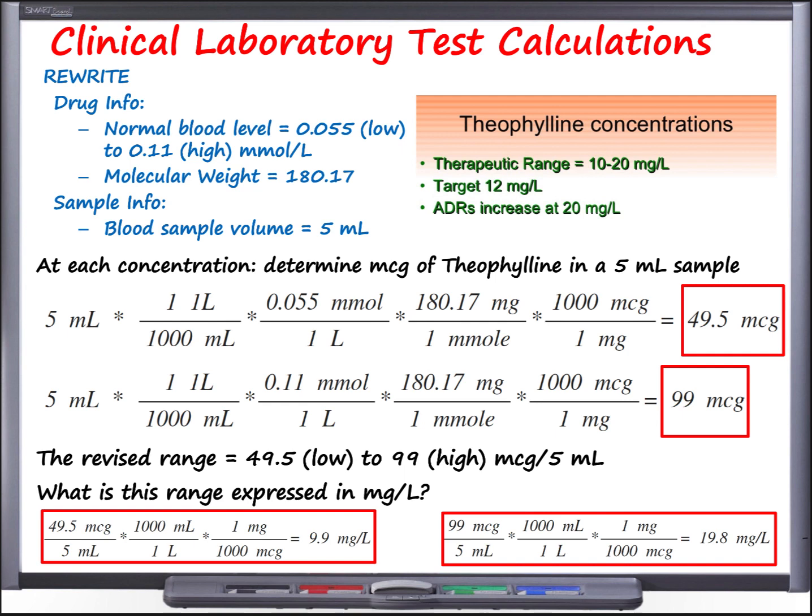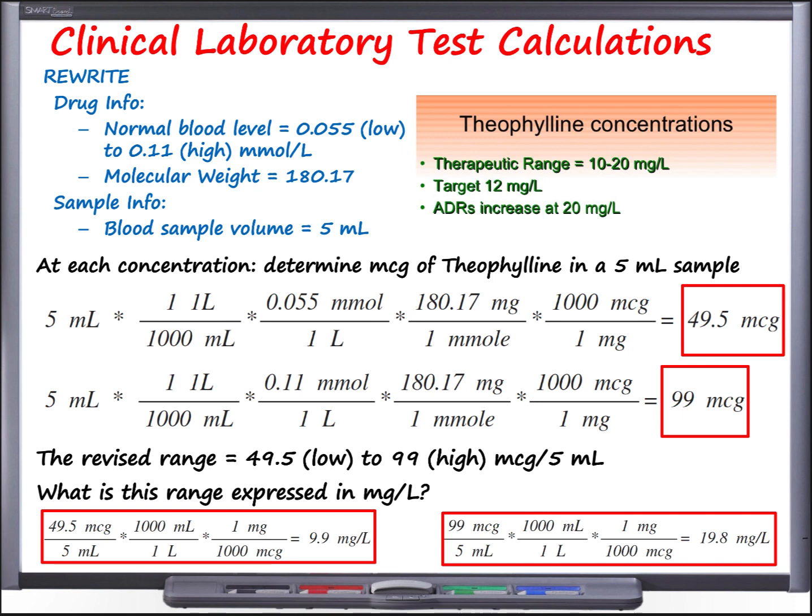Then to convert from micrograms back to milligrams, I multiply it by the fact that in 1 milligram there is 1,000 micrograms. Hopefully you can see how the units cancel. If you do that math for the low, if I take 49.5 and divide it by 5, and then multiply by 1,000 and divide by 1,000, you should get a final value of 9.9 milligrams per liter.